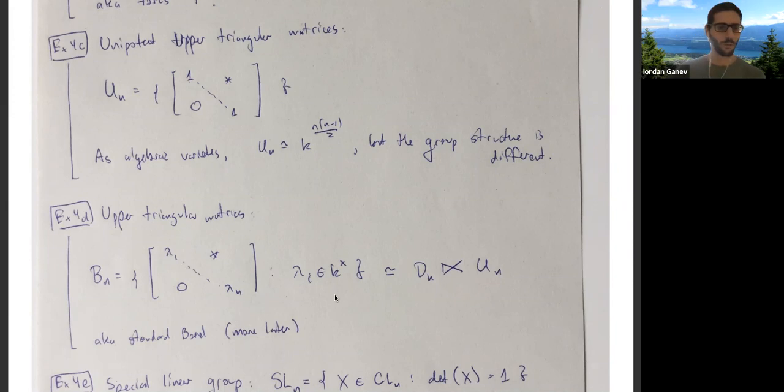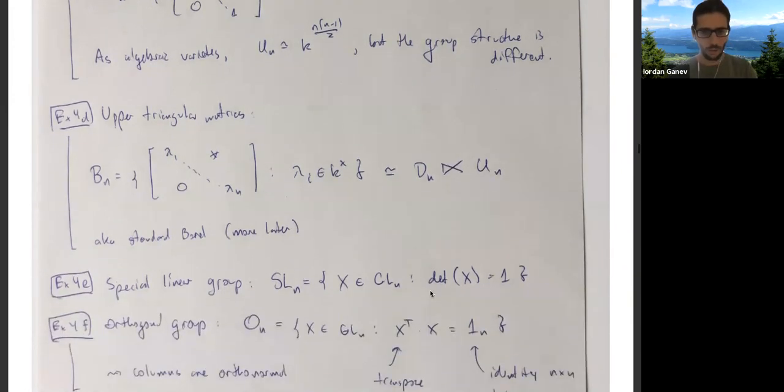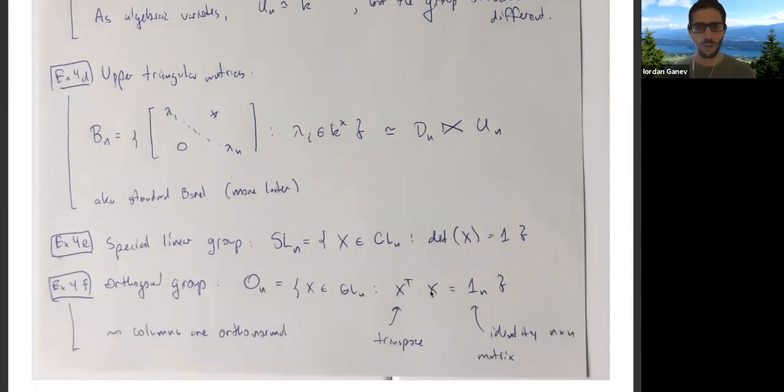UN is not normal in the whole group, but it's normal inside of BN. And we also have the diagonal matrices, and the semi-direct product structure. Okay, so then we also have the special linear group, which is just matrices with determinant 1.